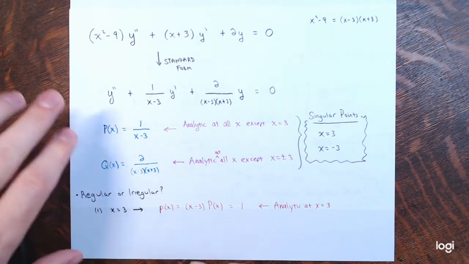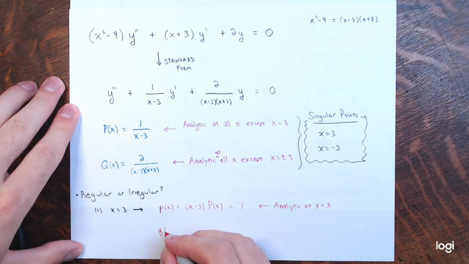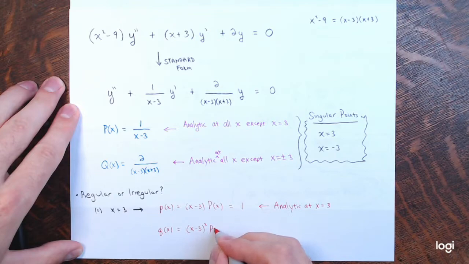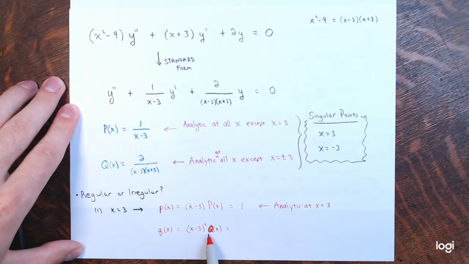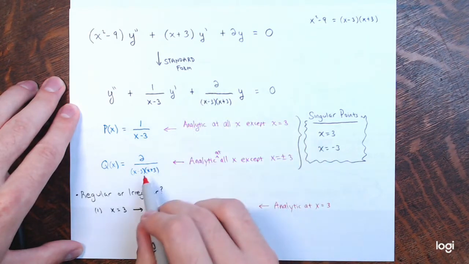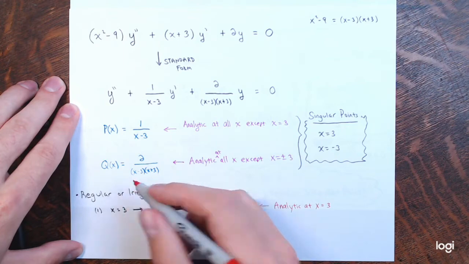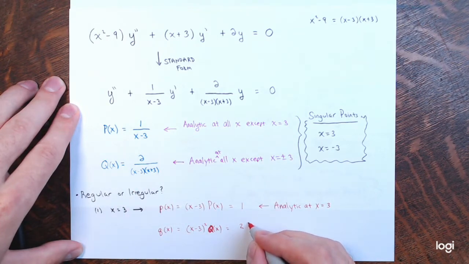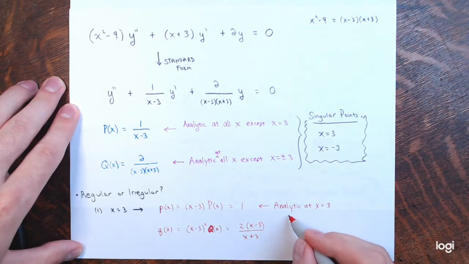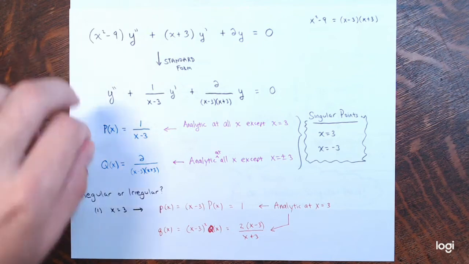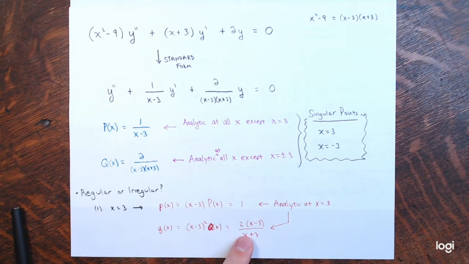But don't forget, I also need little q of x, which would be x minus 3 squared times capital Q of x. I need this to be analytic at 3 as well. If I multiply x minus 3 squared times this Q here, the x minus 3 in the denominator goes away. I'd have 2 times the quantity x minus 3 in the numerator divided by x plus 3 in the denominator. This is also analytic at x equals 3 because now it's a rational function that is defined at x equals 3.